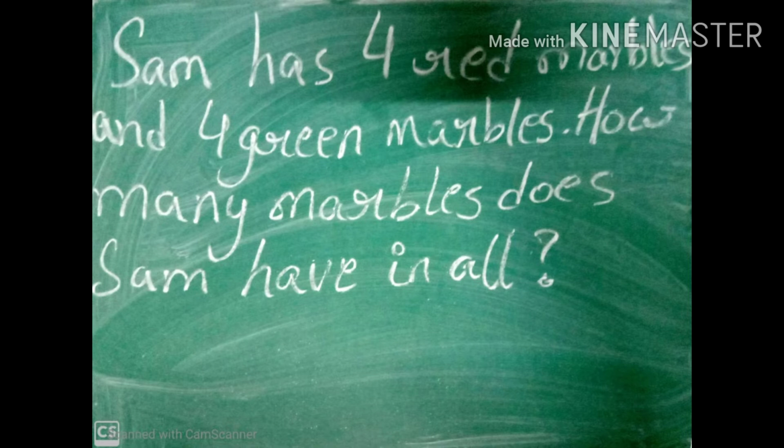So what is the question saying? Sam has 4 red marbles and 4 green marbles. Now we have to find how many marbles there are all together by adding 4 red marbles plus 4 green marbles. So let's see how to solve this and how to write this in a statement form.